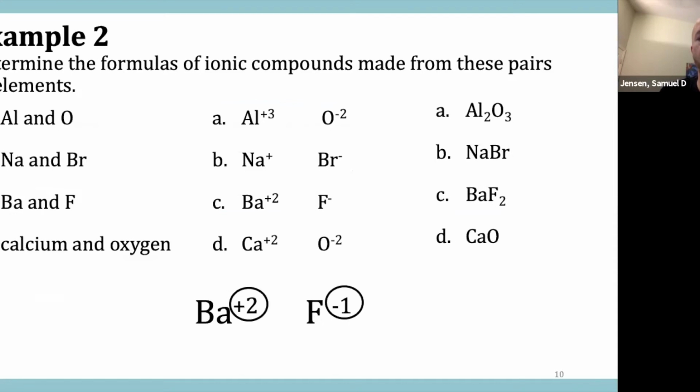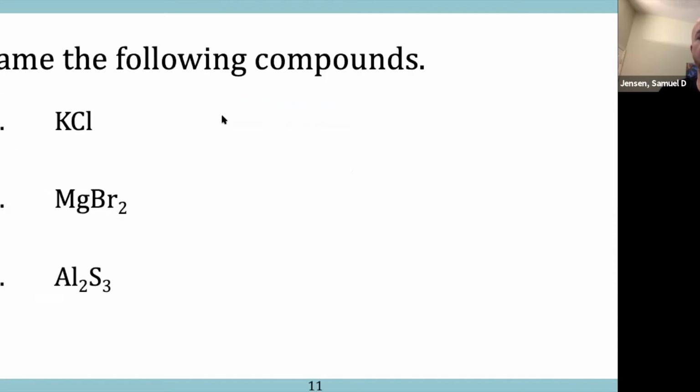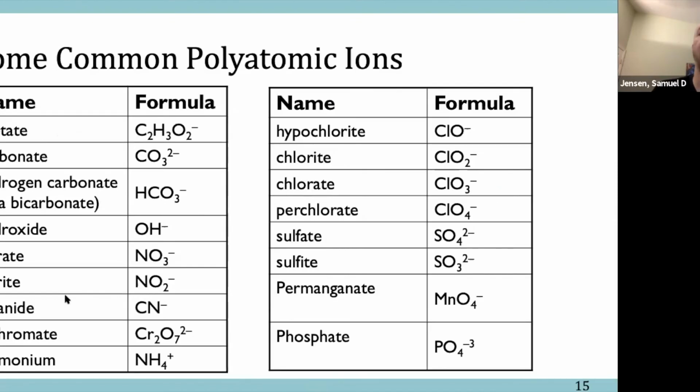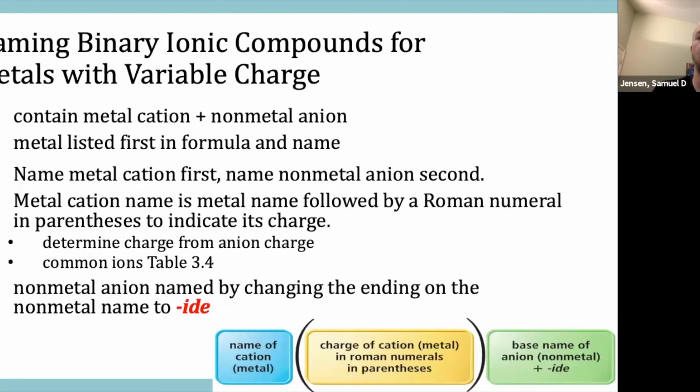All of these were examples of basically using alkali metals or alkaline earth metals, where the charge is pretty much set, where there's no difference in the charge. However, our transition metals, that big block of elements in the middle, have more than one charge for the most part.